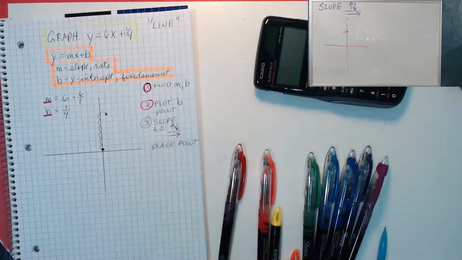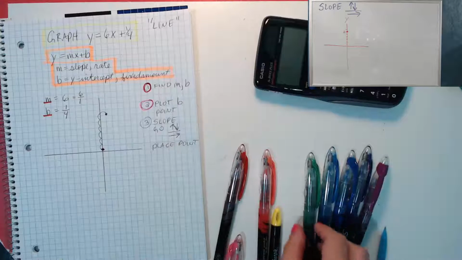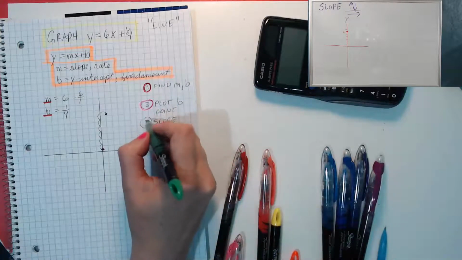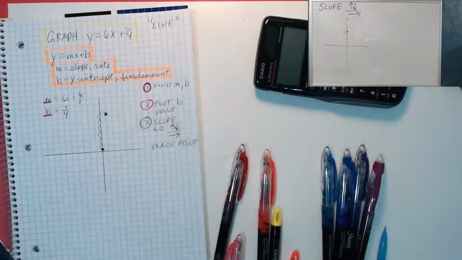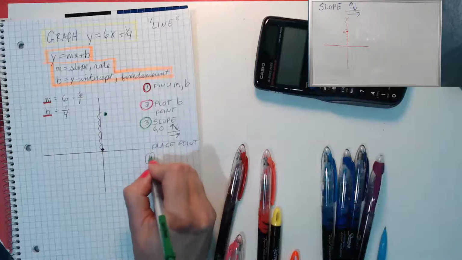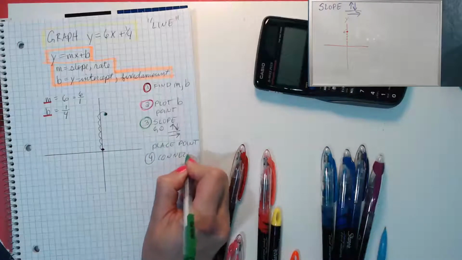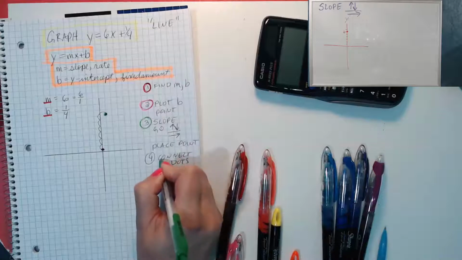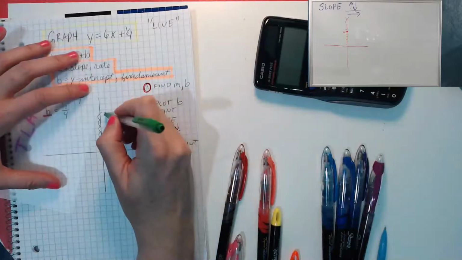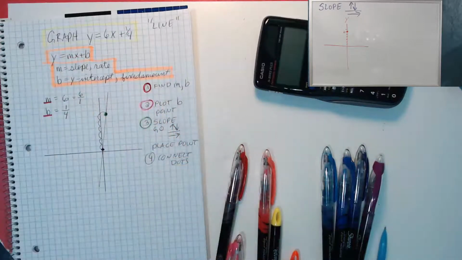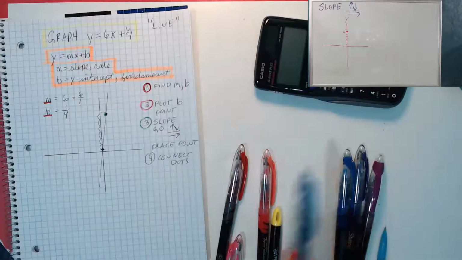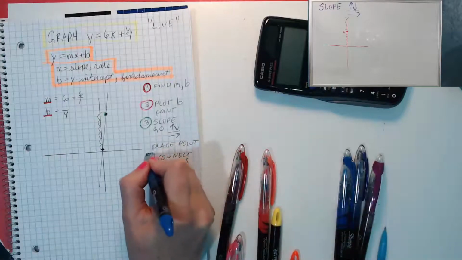And place a point. Let's pick like a green, something a little different to stand out. And we'll just keep using the green because we're going to go ahead and connect those. So actually, let me do this with 4. 4, connect. Connect the dots. Let's pick how about a blue or something is fine.